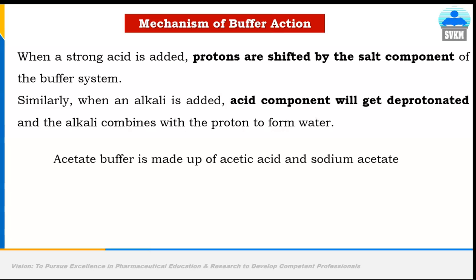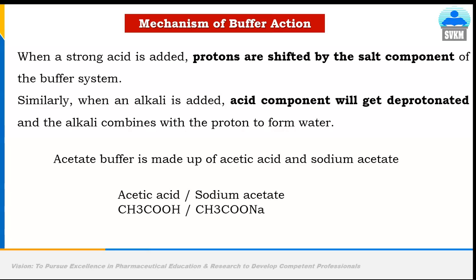For example, acetate buffer is made up of acetic acid and sodium acetate, the salt of acetic acid with a strong base, sodium hydroxide. Here we take the example of the acetate buffer system.